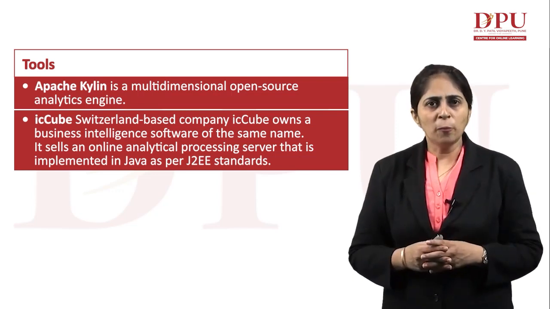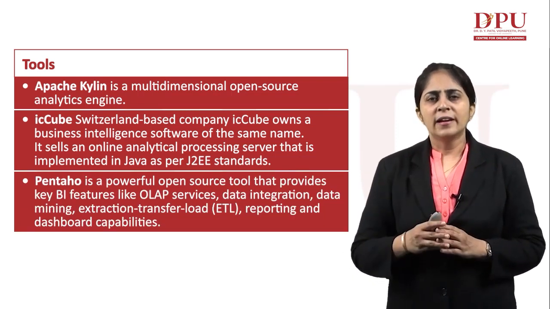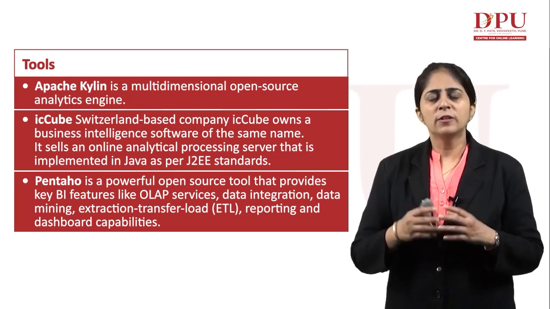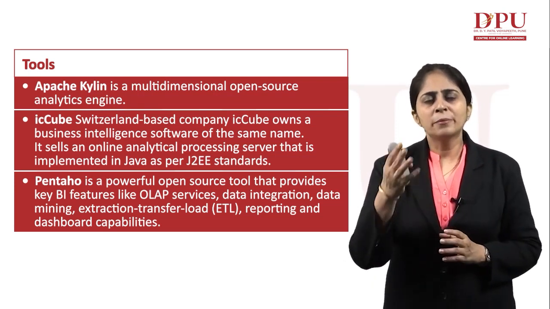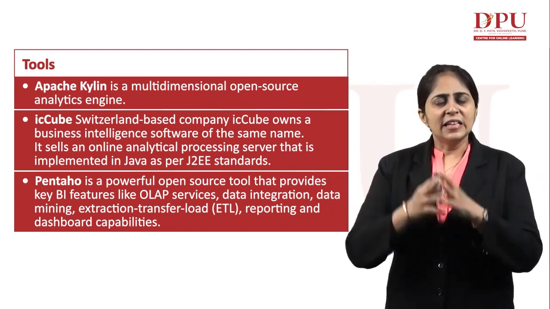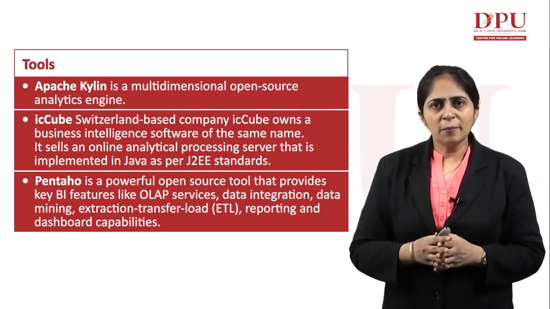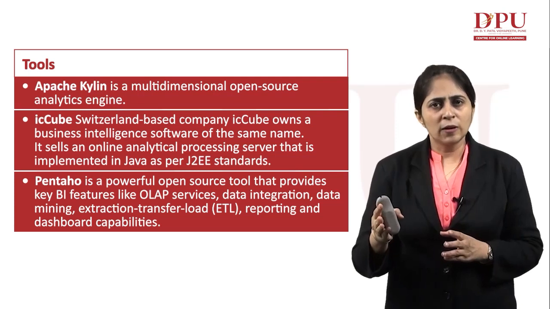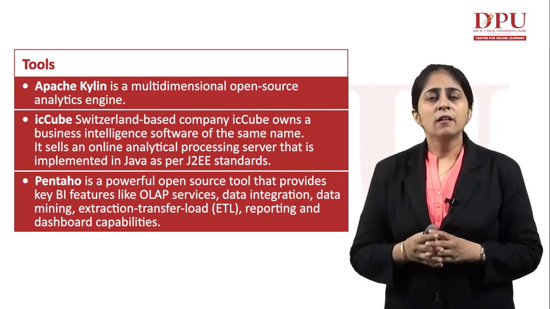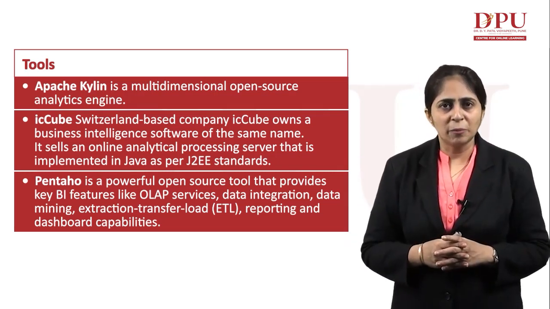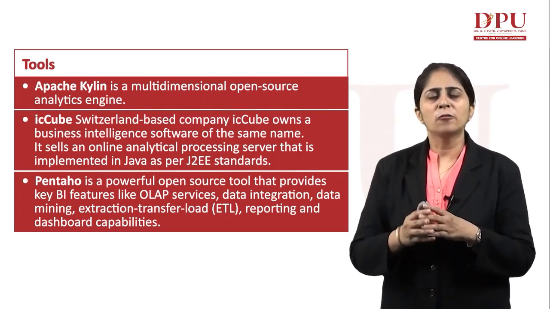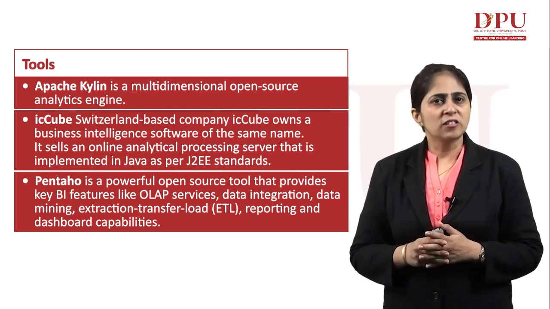Then one more important tool, that is Pentaho. It is a powerful open source tool which provides key business intelligence features like OLAP services, data integration, data mining, the extraction transform load that we've seen, ETL, and also provides reporting and dashboard capabilities. So it is another powerful open source tool which can be used.